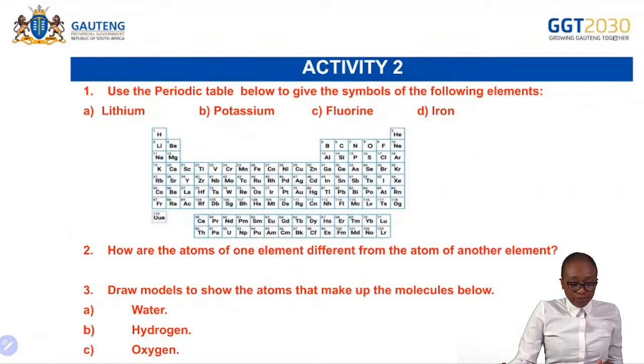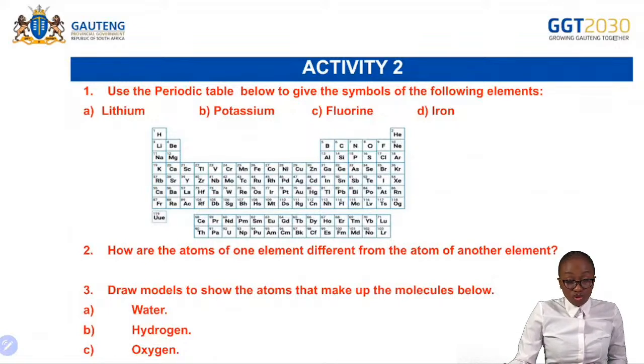Now, which brings us to our second activity. Number 1. Use the periodic table below to give the symbols of the following elements: A, lithium; B, potassium; C, fluorine; and D, iron. Number 2. How are the atoms of one element different from the atoms of another element?